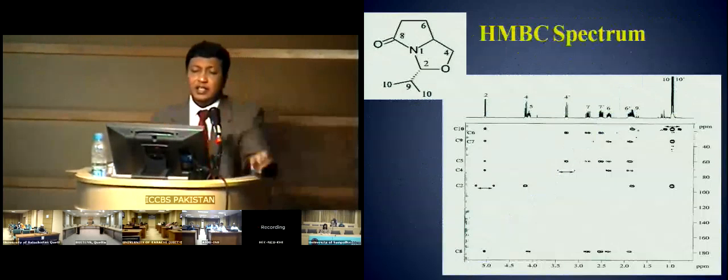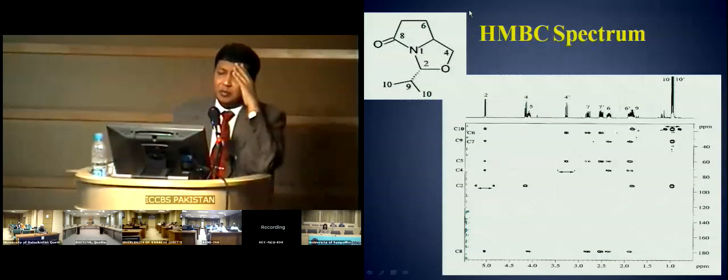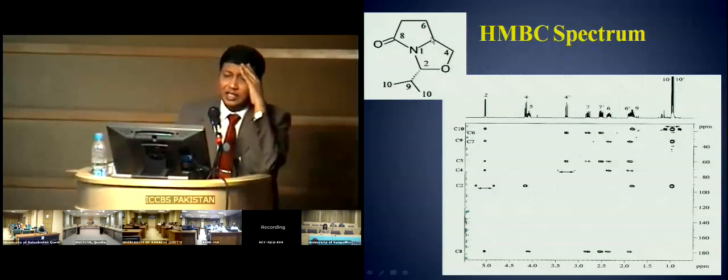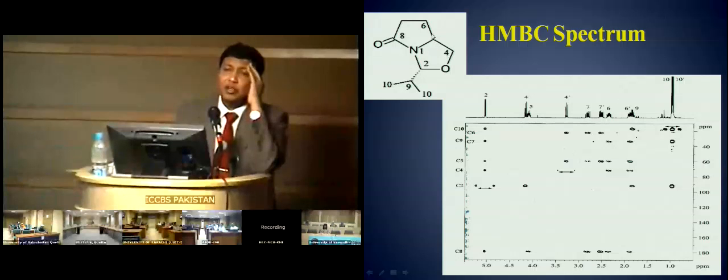For instance, in this case, although this is not really a two-spin system, but even if you have a two-spin system, for example, if you have a quaternary carbon here, you would be able to see the coupling between the proton of H4 with C6. So you would be able to piece this fragment with this fragment together. Assume that this is not a CH, you have a methyl here, let's say.